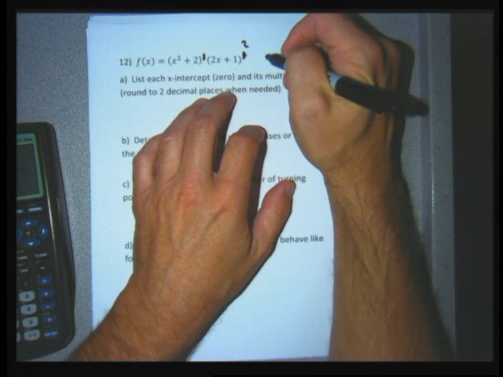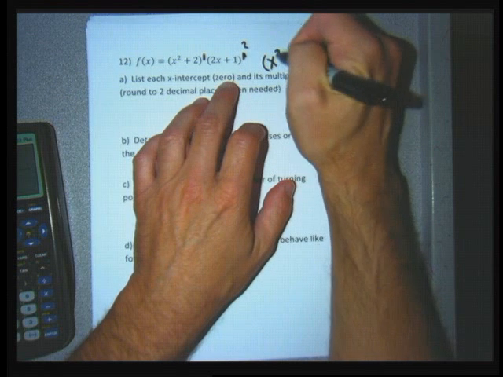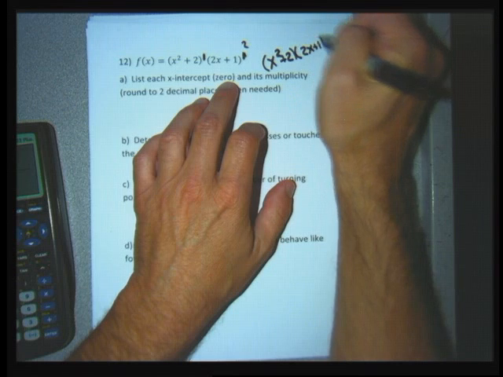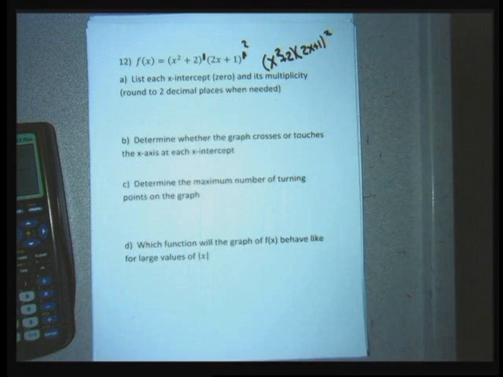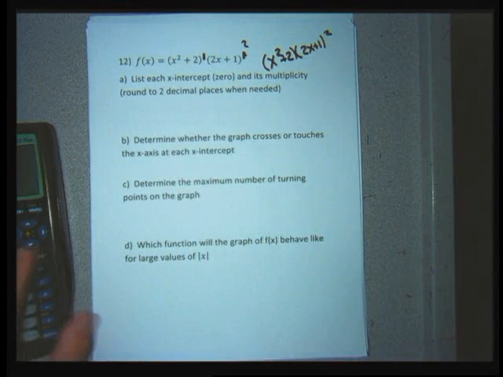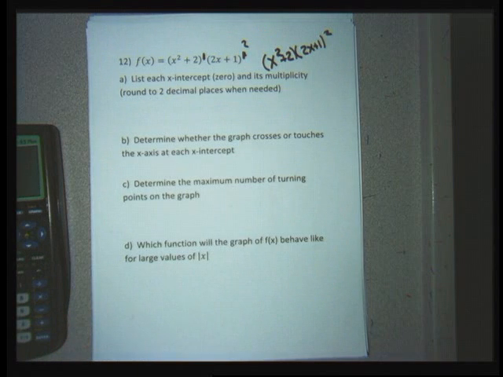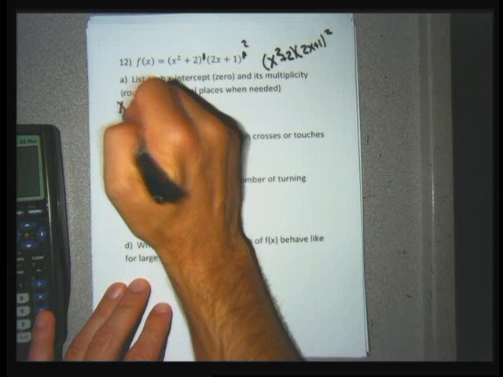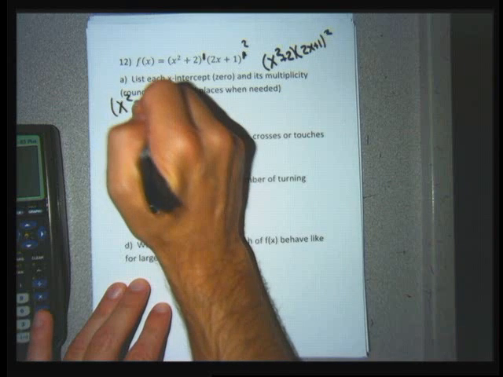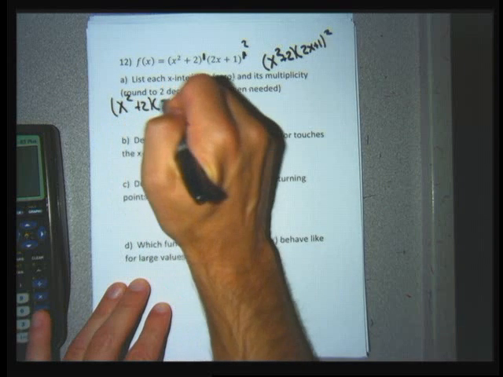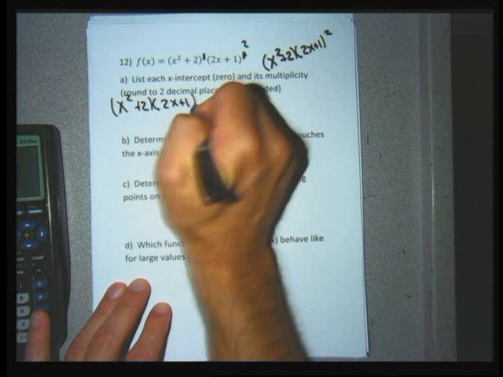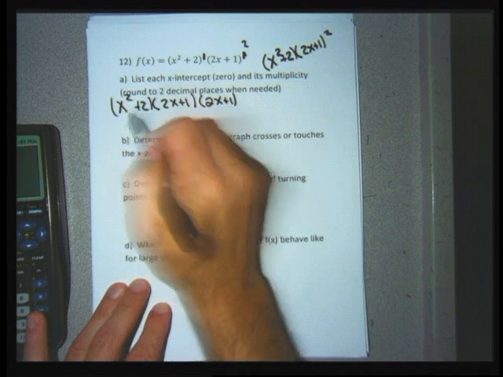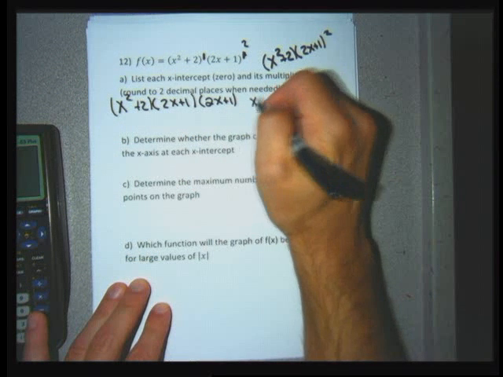So I'm going to do x squared plus 2 times 2x plus 1 squared as the function, just again to make things reasonable when I get to my window. For the x-intercepts, I take each parentheses where I can expand this. It says x squared plus 2 times 2x plus 1 times 2x plus 1. I'll set the x squared plus 2 equal to 0.